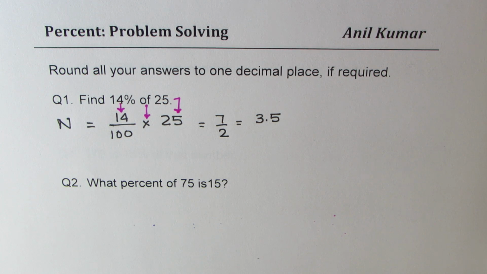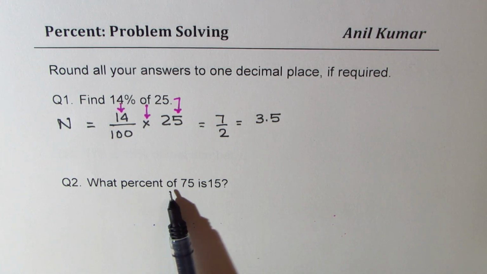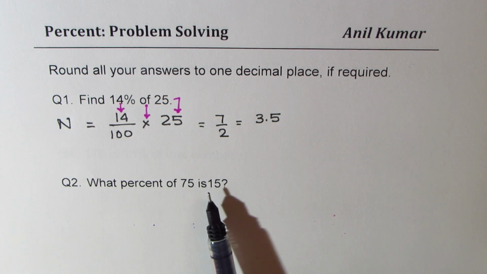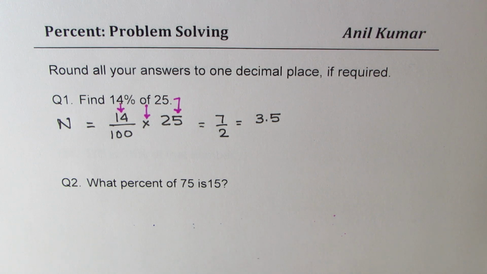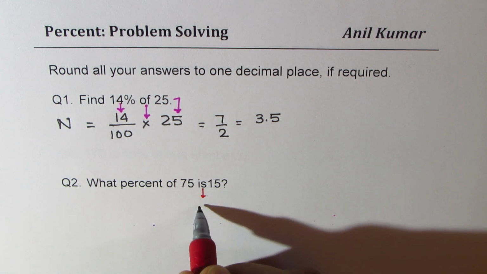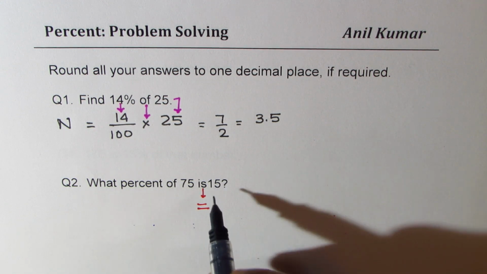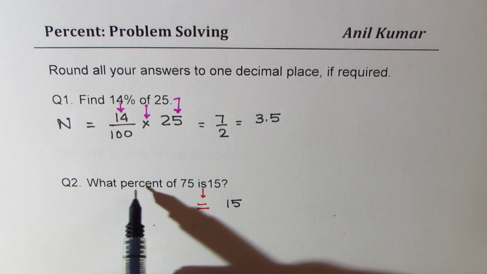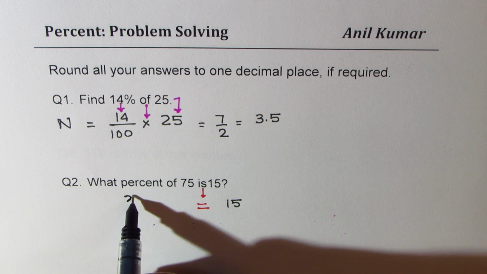Okay. Now the next question is: what percent of 75 is 15? So "is" means equal to, correct? And we will write the 15 as such on the right side. What percent? Something we don't know, so we'll say X percent, right?